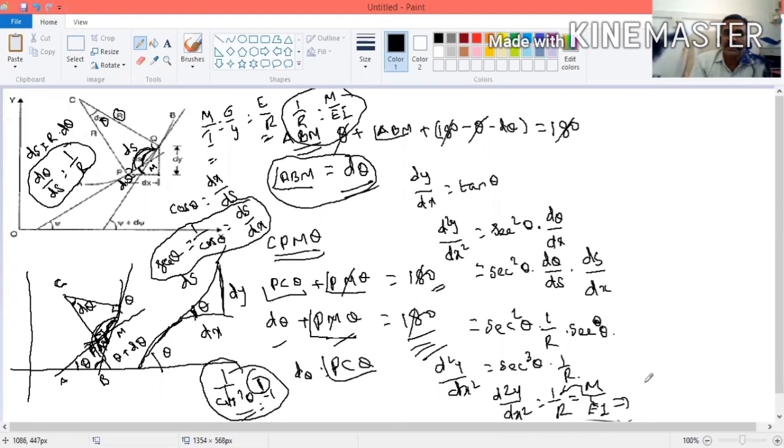If you take EI to this side, EI d square y by dx square is equal to M. So this equation is known as the differential equation for deflection.